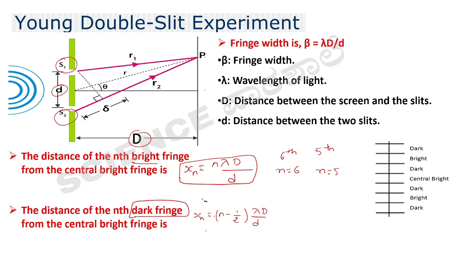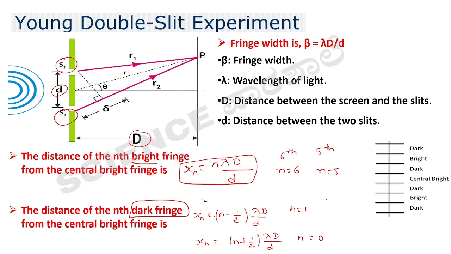There is one more formula for this, that is xn is equal to (n plus 1 by 2) lambda capital D by small d. If we take n minus 1 by 2, then n starts from 1. If you take xn equal to n plus 1 by 2, n starts from 0.